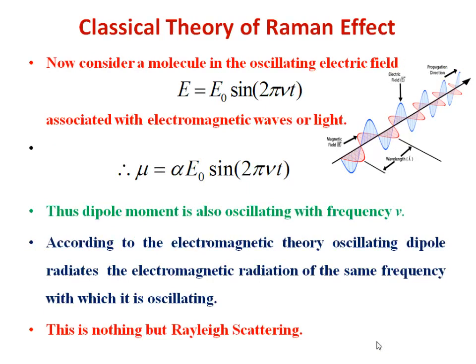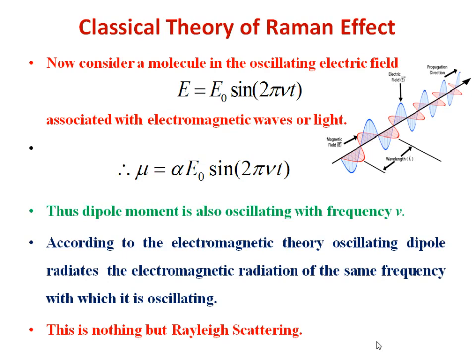Now consider a molecule in the oscillating electric field defined by E equal to E0 sine 2 pi nu t, associated with the electromagnetic waves or light, where nu is the frequency of the electromagnetic wave.